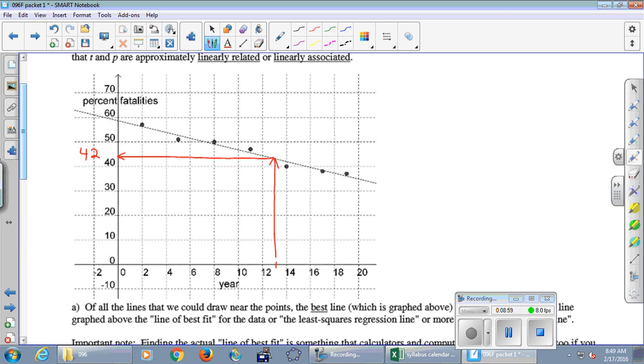First of all, are any of the points that are plotted on the line? The answer is no. We didn't draw the line by connecting points, right? We drew the line looking to get as close as possible to all the points. None of these points are on the line.